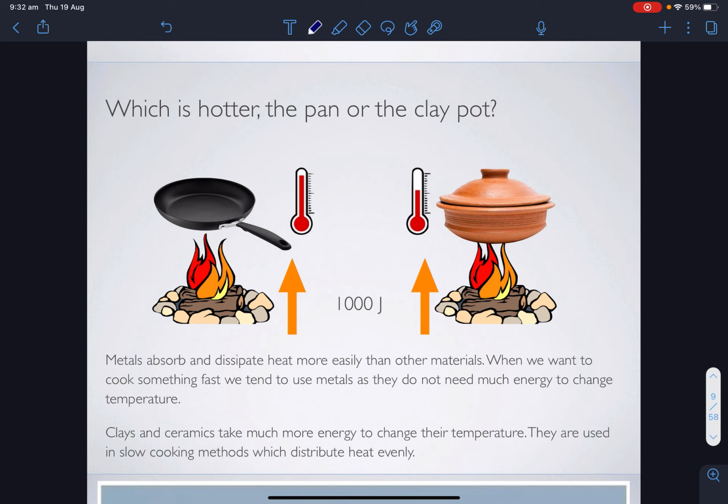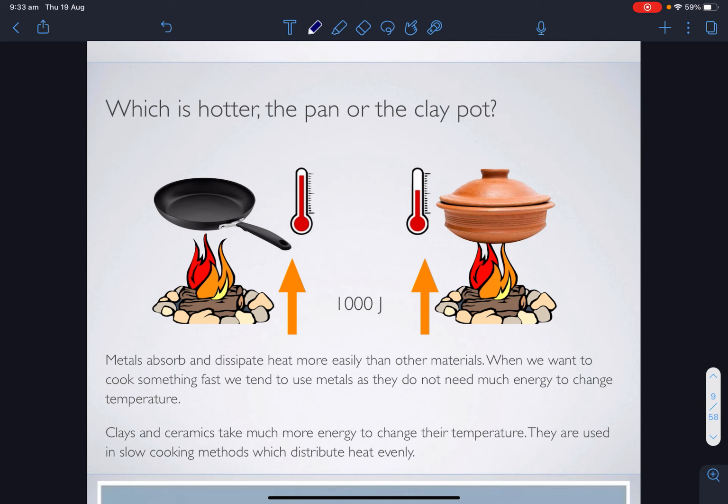So we have heat conductors and heat insulators, which we learnt about in year 8 and 9. When we want to cook something fast, we tend to use metals as they don't need much energy to change their temperature. Clays and ceramics and other materials take a lot more energy to change their temperature.